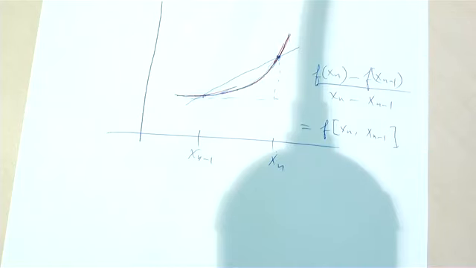And now you replace Xn plus 1 by the formula of the secant method. From this step to this step, you just move X star here to the left. So I put X star here, I move it here, so I got Xn minus X star.